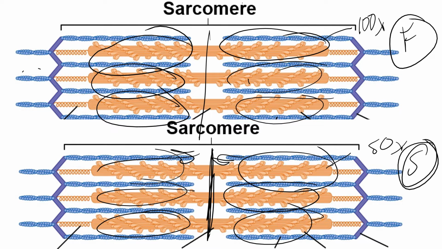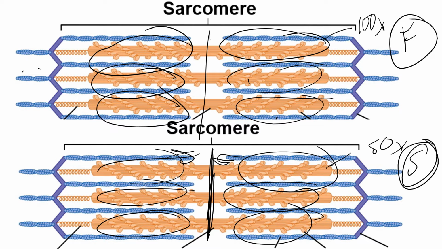So this is the major thing that we know about fast versus slow twitch muscle fibers, right? Obviously, we can see in a lab setting that the fast twitch muscle fiber shortens way faster than the slow twitch muscle fiber does. Their shortening velocities are vastly different. But of course, the other thing that we're very interested in is what's the physiological explanation for why a fast twitch muscle fiber can shorten so much faster than a slow twitch muscle fiber.